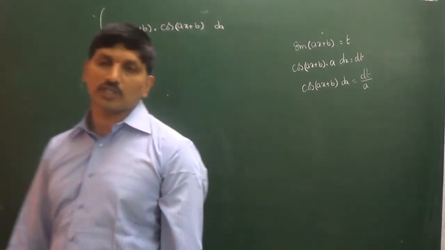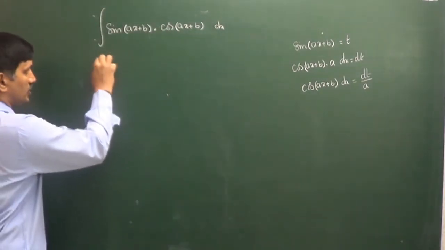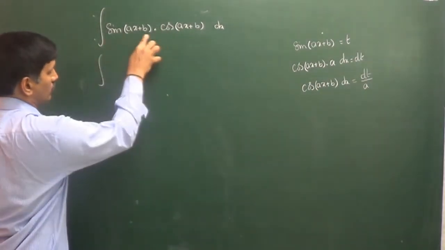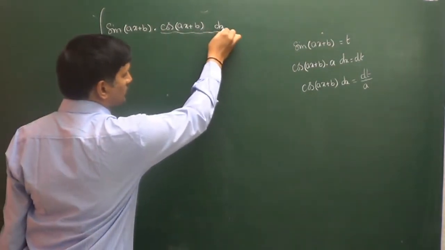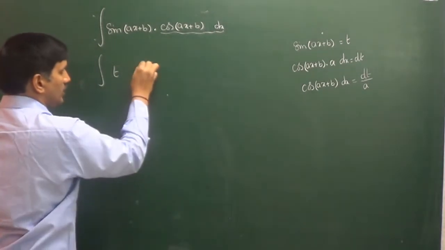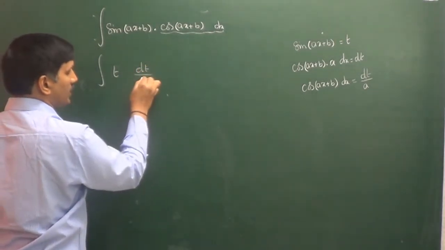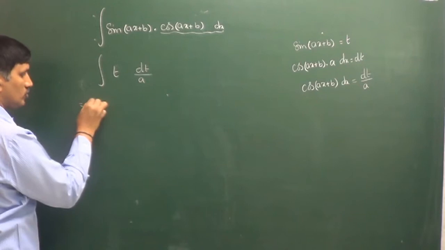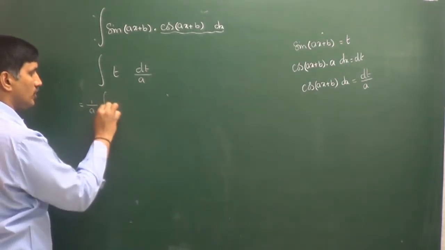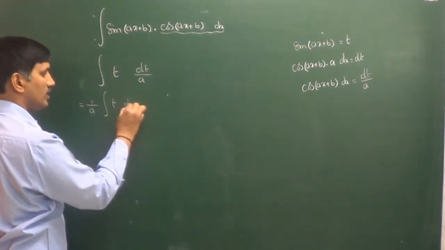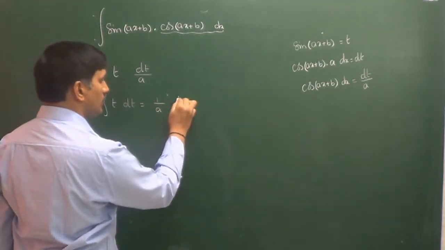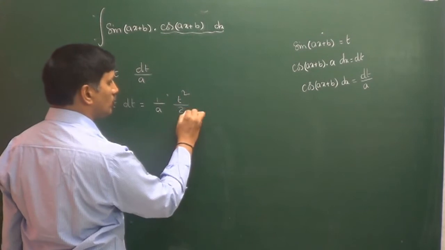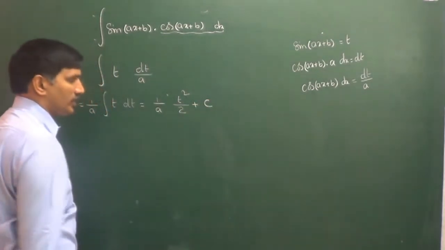Now, because of that substitution, the integration changes: here we have to write t, and in place of cos of ax plus b into dx, we have to write dt divided by a. That is equal to 1 by a into the integration of t dt, which is 1 by a into t square divided by 2 plus the constant of integration.